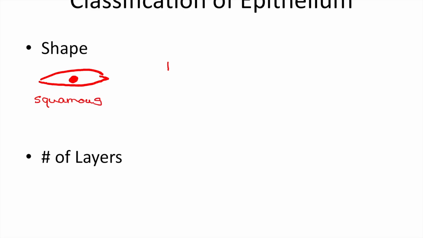If your cells are approximately as tall as they are wide, this is cuboidal epithelium.